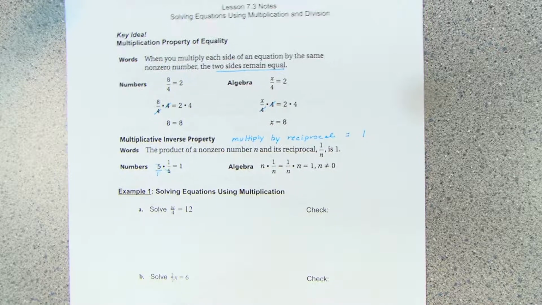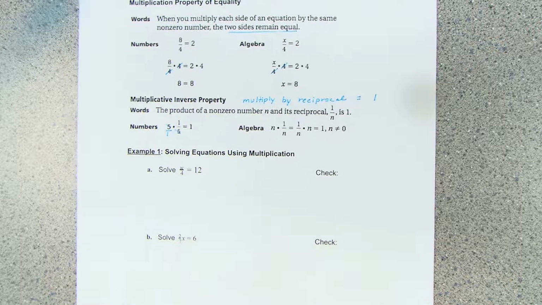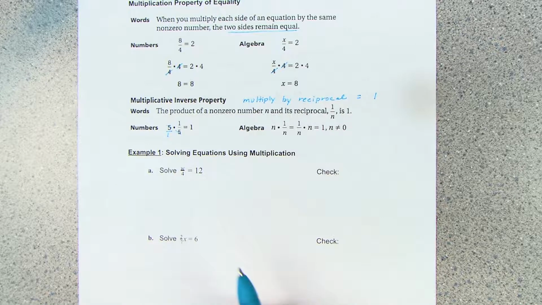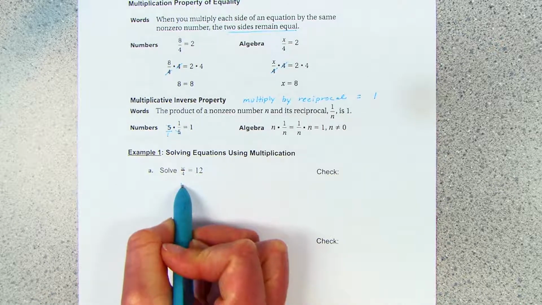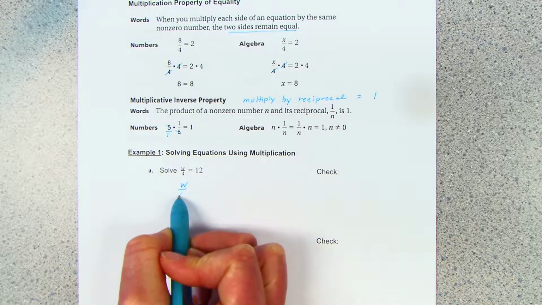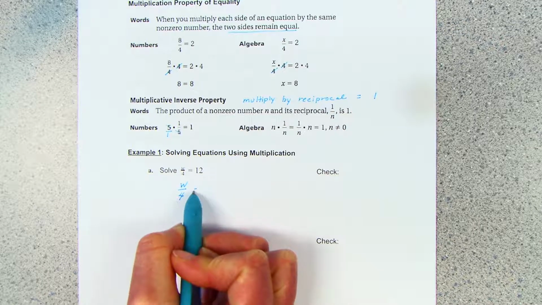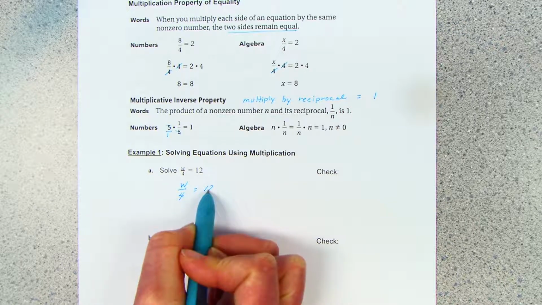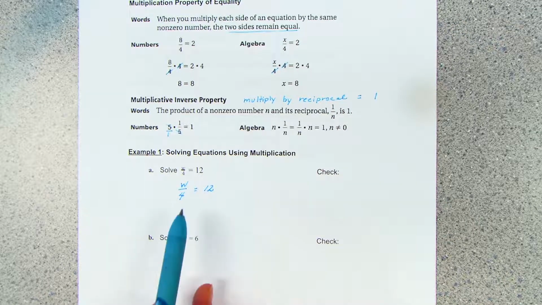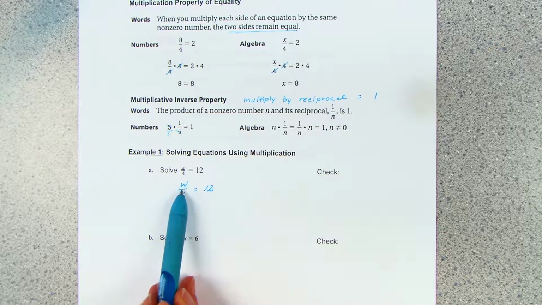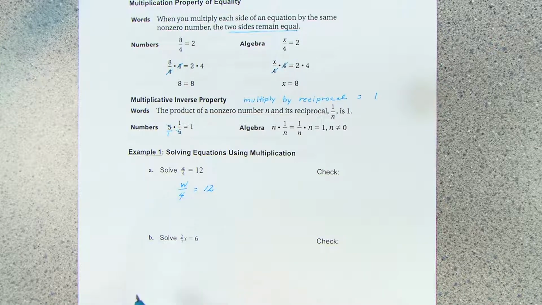Okay, so let's look at using those properties to solve some equations. So my equation is w over 4 is equal to 12. Well, I know that this means w divided by 4. So the opposite of dividing is multiplying.